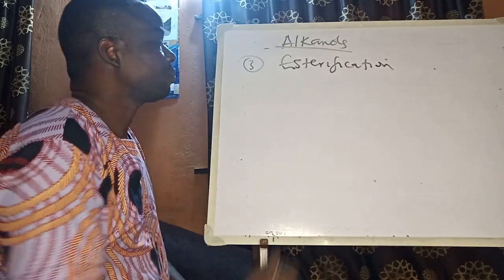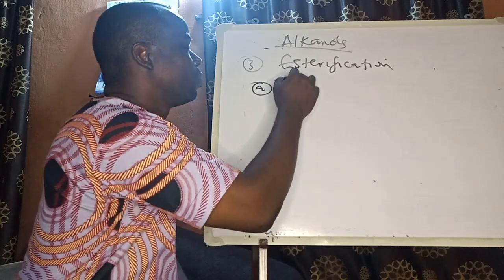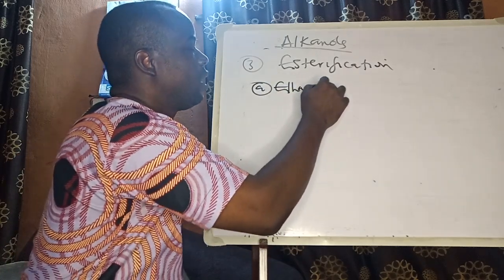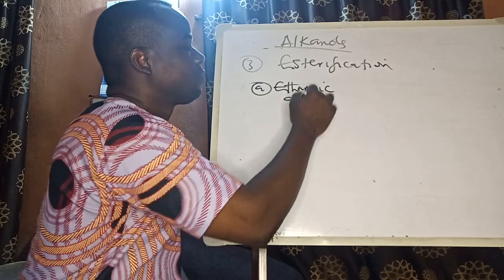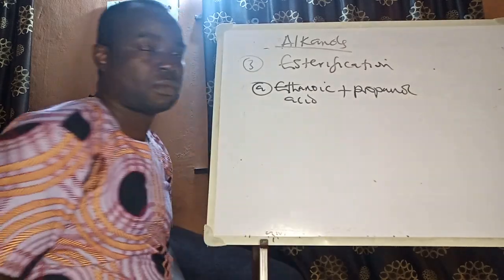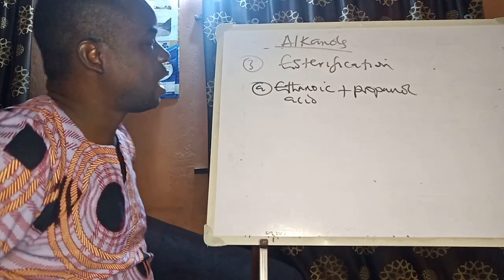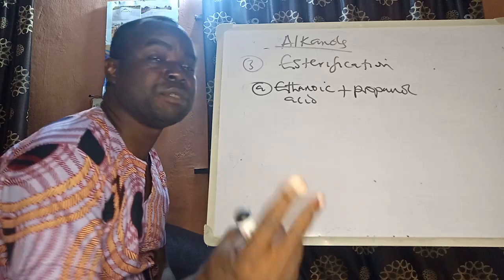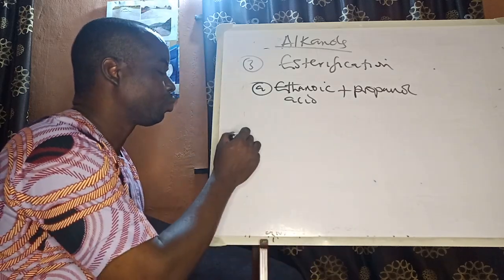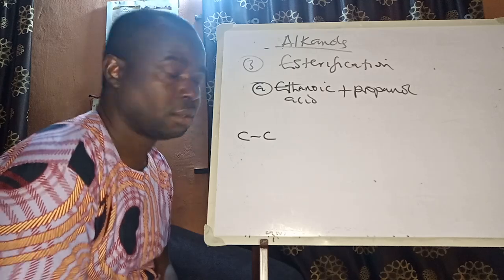Let's go. Example 1. Let us react ethanoic acid plus propanol. Watch this example very well. Now, what is ethanoic acid? Eth means 2. So I do 1, 2. Okay?